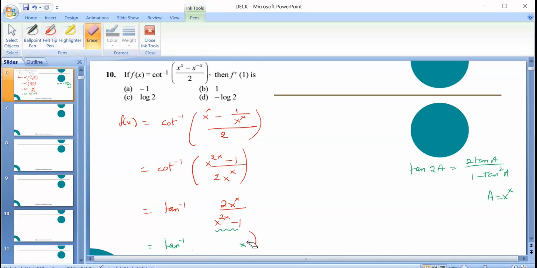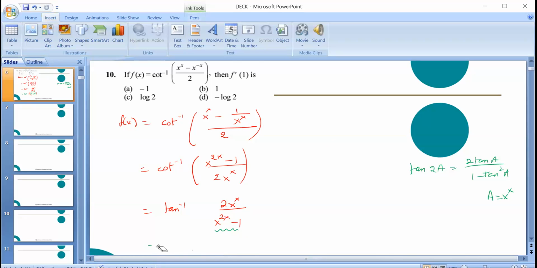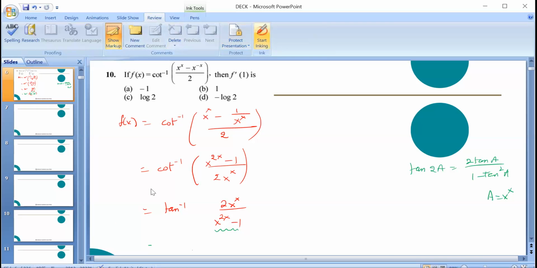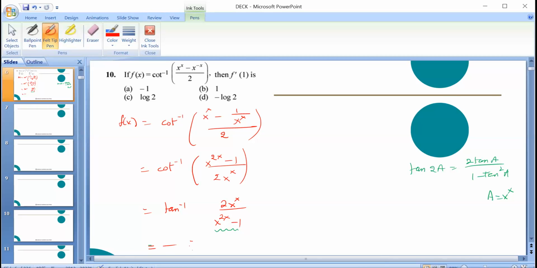That means I can write this entire thing as minus 2 tan inverse of x power x.